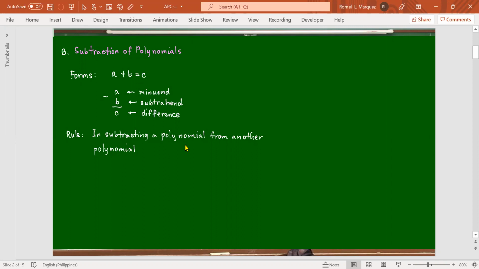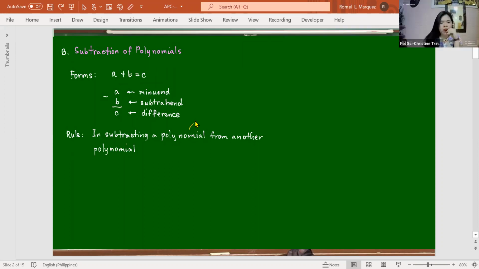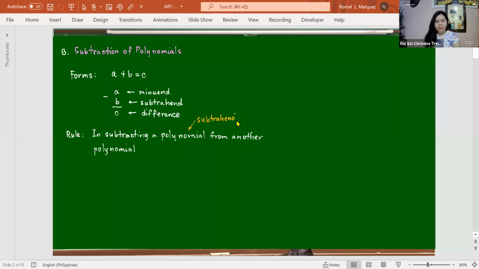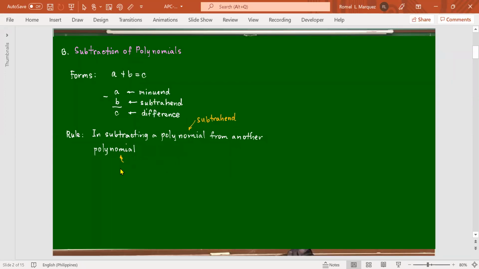The first polynomial mentioned is what? Subtrahend or minuend? This one, guys. This is the subtrahend, no? Yes po, sir. Subtracted from another polynomial. So this one is what? Minuend.